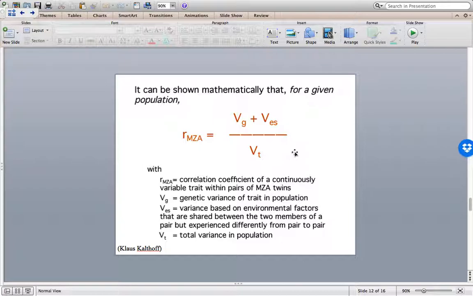More concretely, if identical twins grow up in exactly the same environment, such as the same household, then this term will become close to the total phenotypic variance. On the other hand, if the identical twins are separated at birth and they grow up in completely different environments, then this term becomes 0.